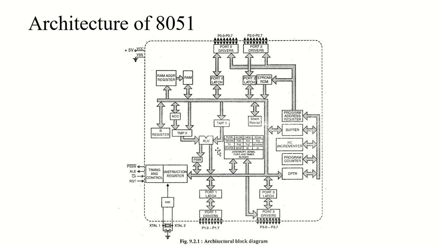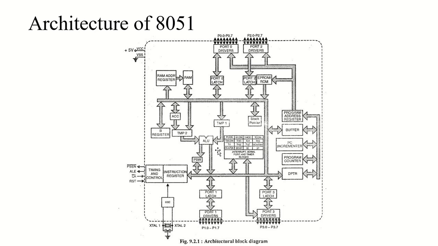Then we have the internal RAM. It's not very essential to use the entire area of the internal RAM of the microcontroller as a scratch pad, but the microcontroller has instructions that allow the internal memory locations to be used as data pointers. And the registers R0 to R7 in the 4 register banks 0 to 3 can be used as the pointer to point to the internal RAM as well as the external RAM.